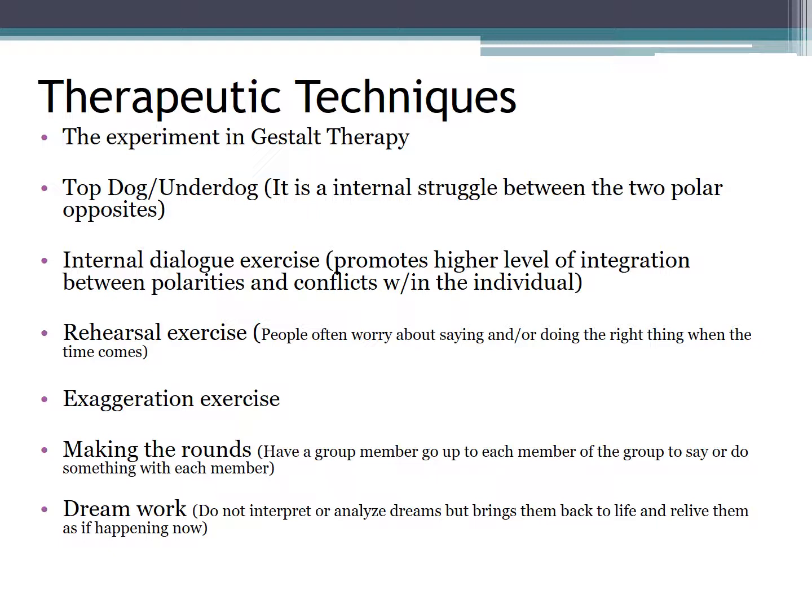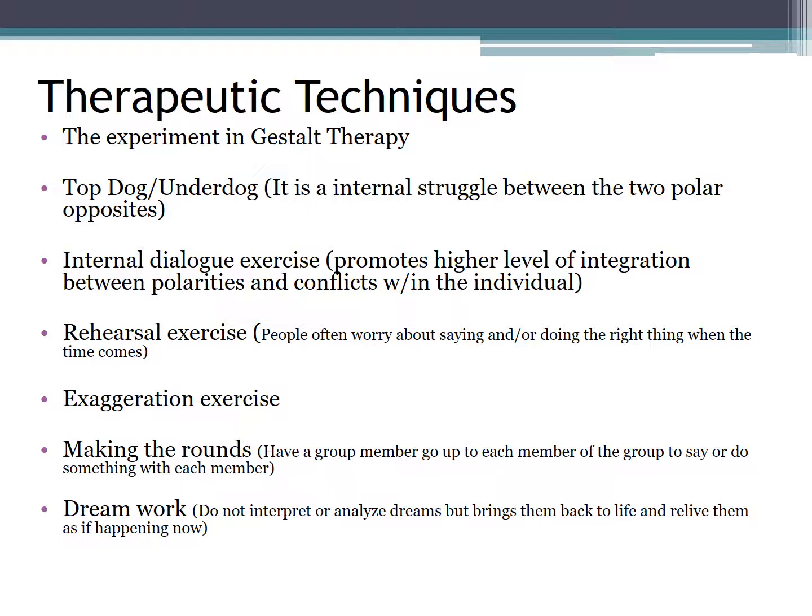In Gestalt therapy, what I want to say before I go into these therapeutic techniques is the therapists in sessions do not follow specific guidelines. In fact, therapists are encouraged to use creativity in their approaches depending on the context and each person's personality.